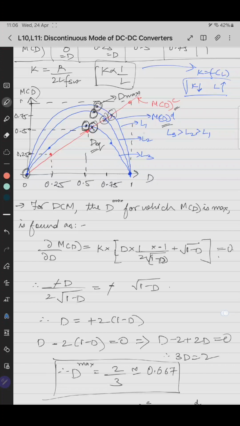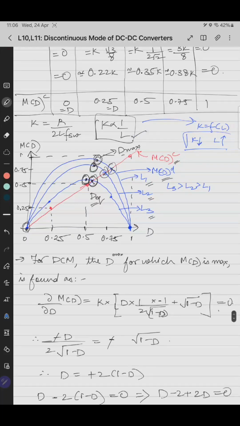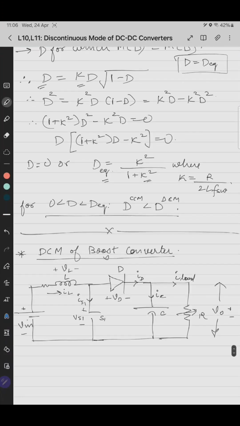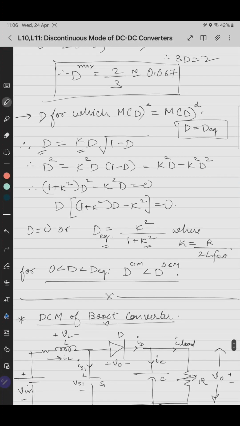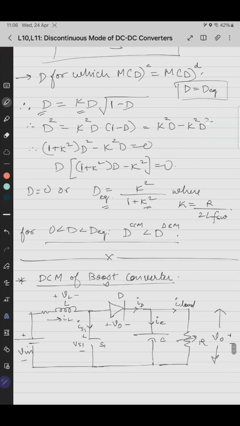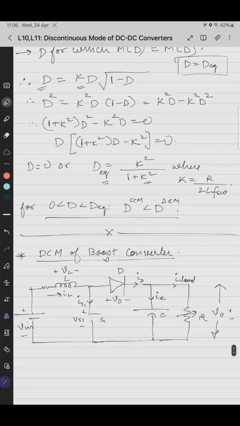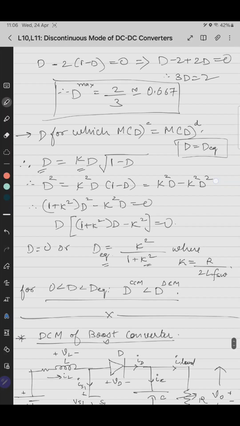Those graphs are for different inductances L1, L2, L3, where L3 is greater than L2 is greater than L1. Why? Because K is inversely proportional to L. So M(D)DCM is greater than M(D)CCM for D lies between 0 to D equivalent. So DCM gives more gain than CCM in this range, and in the other range it is vice versa.